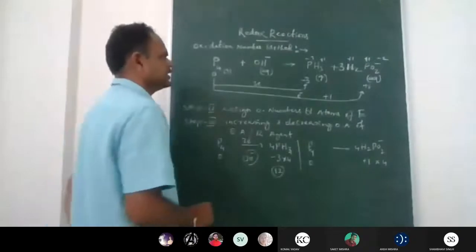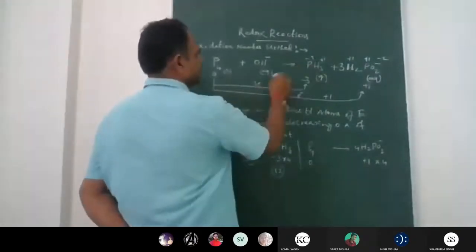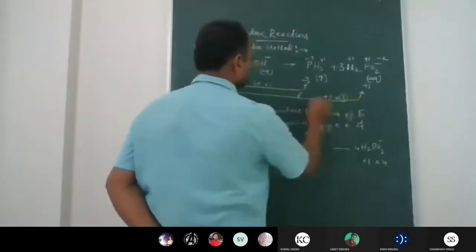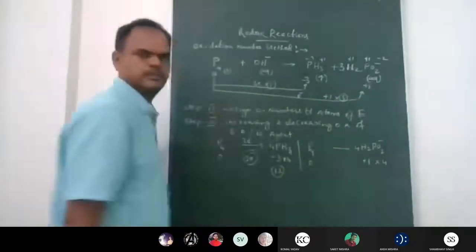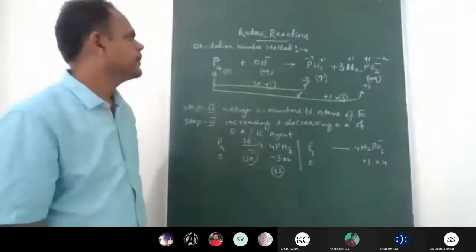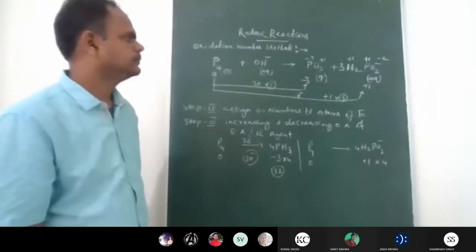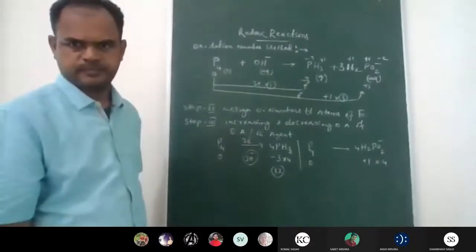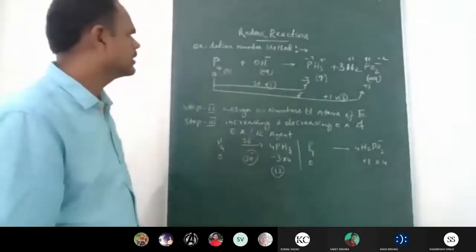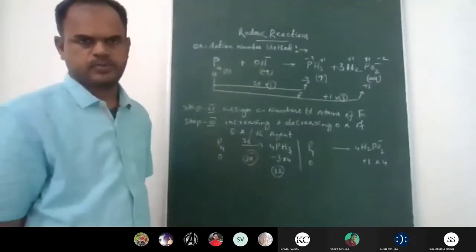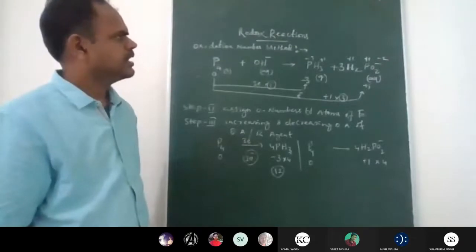So I multiply with 1 and with 3. Does everyone understand? Three into 1, 1 into 3. Am I right?